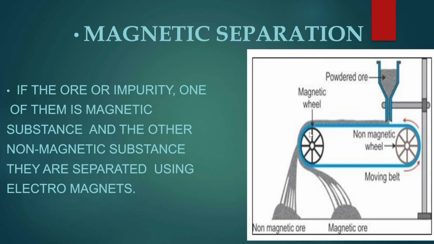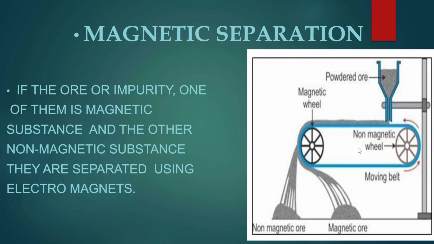The non-magnetic material falls over this position because it just flies off from the wheel, whereas the magnetic ore materials try to follow the moving belt, but once they cross the magnetic wheel, even these magnetic ore particles get collected over here because the magnetic attraction no longer attracts the magnetic ore. Like this we are able to separate the magnetic ore from the non-magnetic ore.